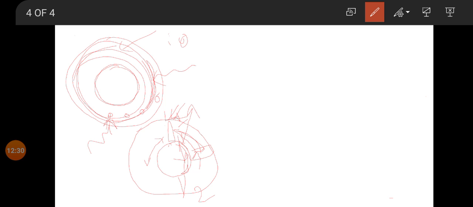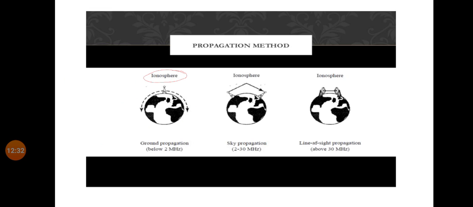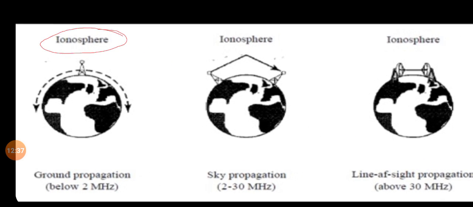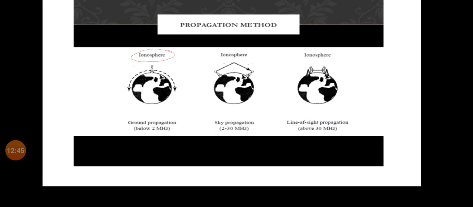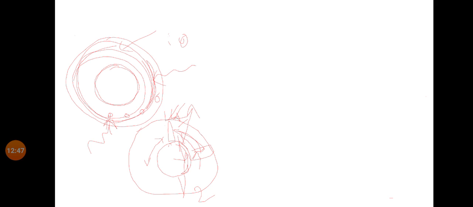So in skywave propagation, let us see how it looks. So this is skywave propagation. They have shown it using two antennas and the ionosphere. I will explain to you what skywave propagation is now.